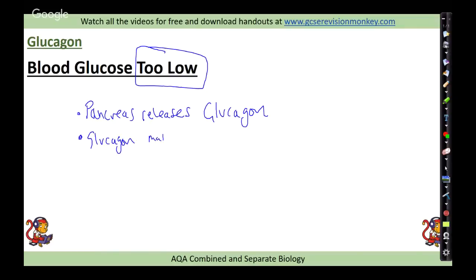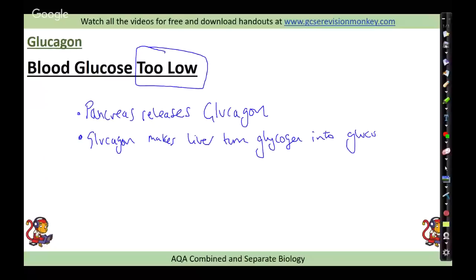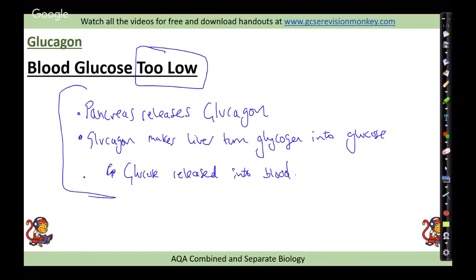So it makes the liver turn the glycogen back into glucose, and then the glucose is then released. I'll put down here, glucose released into the blood. So if you're doing higher tier, you must know this pathway as well. You may well be asked a 4-marker linking the two things.